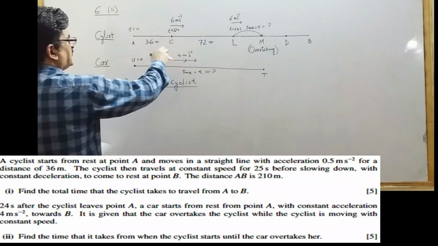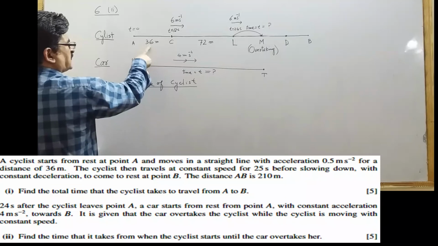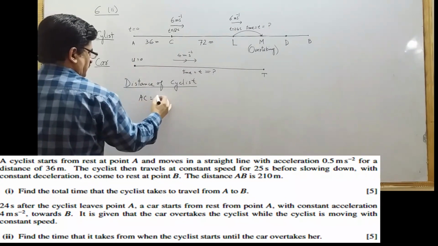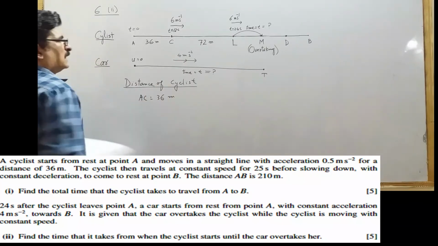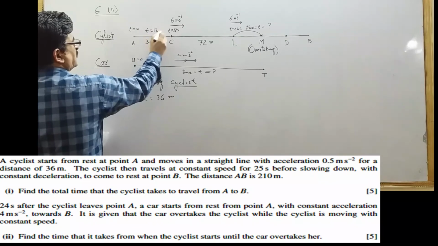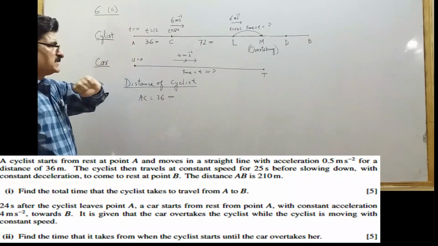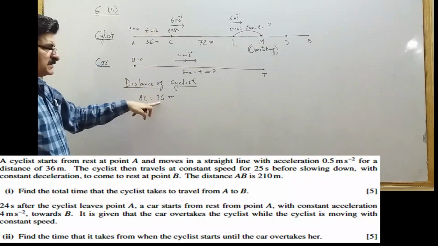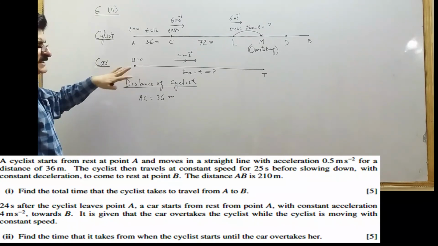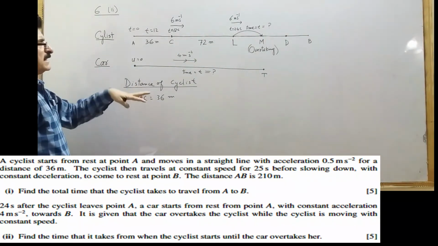We have already seen that during the first stage of motion, the distance of the cyclist is 36 meters and the time it takes is 12 seconds. I mentioned already, from A to C the time is 12 seconds. So in 12 seconds it covers 36 meters. Because the car starts after 24 seconds, 12 seconds are left.